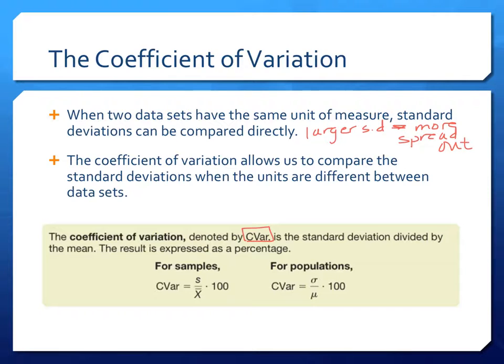First of all, for samples, s, which is, remember, the standard deviation for a sample, divided by x bar, which is the mean, and then times 100. All right? For population, the formula is the same, just the notation is different. The notation for standard deviation is baby sigma, and the notation for the mean is mu. All right, now in number 9, since you have the same unit of measures, you do not need to calculate the coefficient of variation, but I think that you should as practice. The answer will not be in the solutions, however.